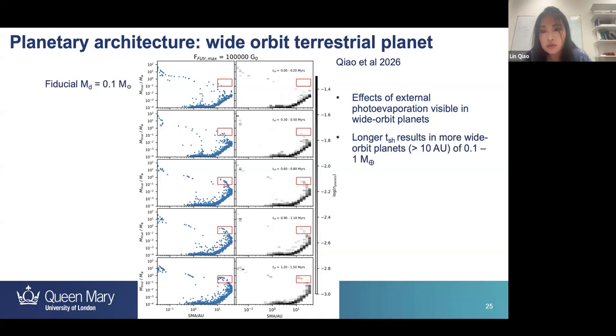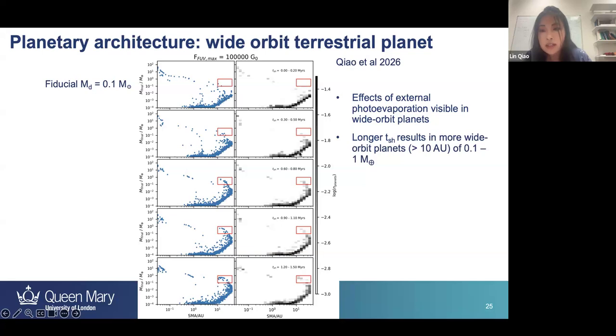The disk is again subject to a strong FUV radiation of 10 to the 5 G0. And from top to bottom, they include the final surviving planets in disks that are shielded by the cloud for increasingly longer times.